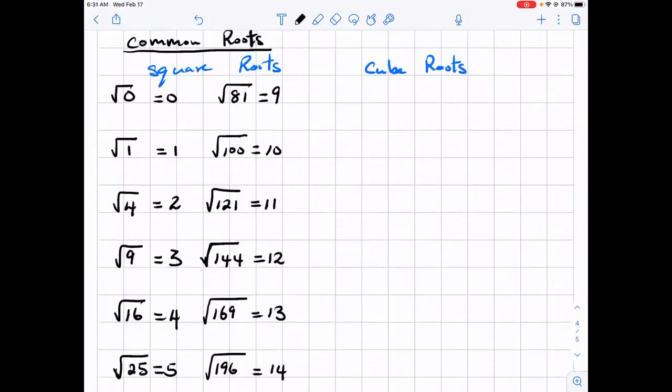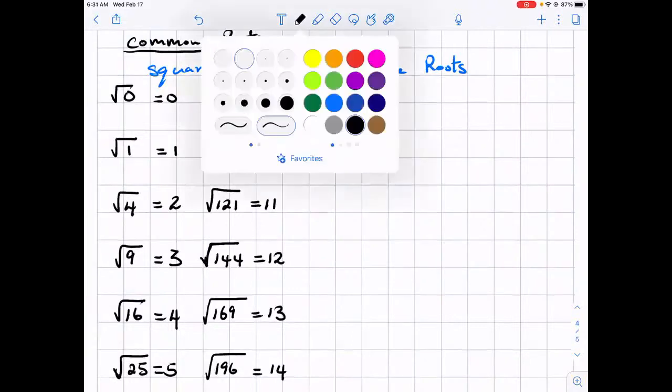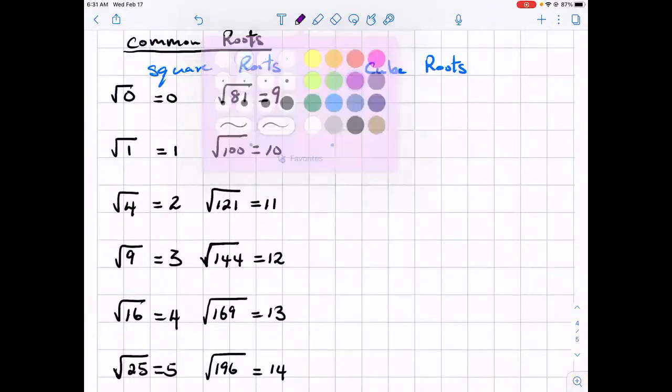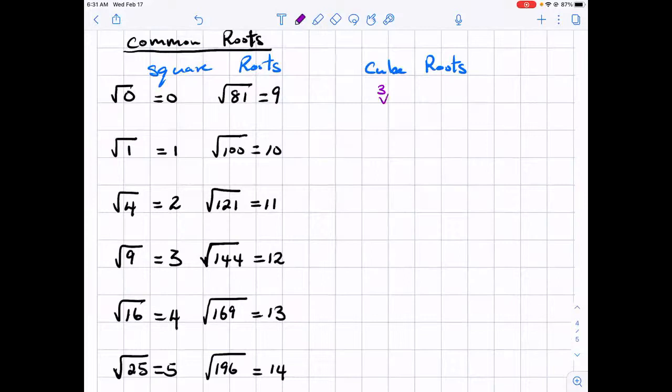Now for cube roots, we have the cube root of 0, that is equal to 0. The cube root of 1 is 1. The cube root of 8 is 2.